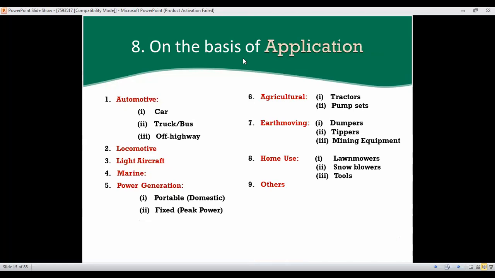Now on the basis of applications. In the automobile sector, that is car, truck, bus, on-highway vehicles.